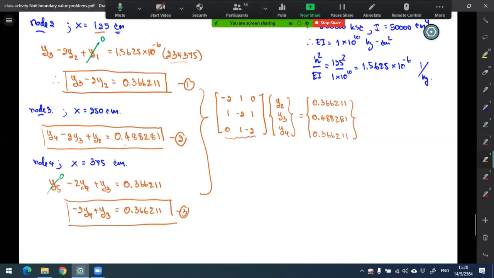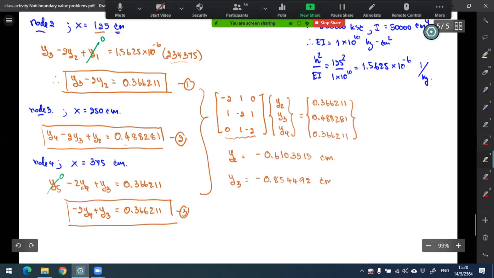Then we solve for this equation. We obtain this for the numerical solution.